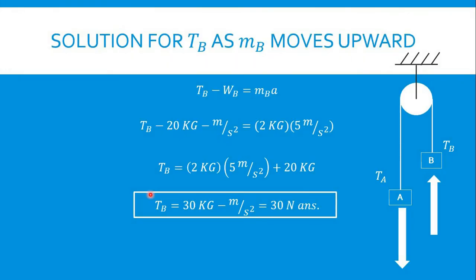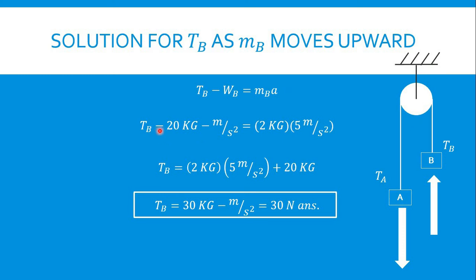Next, this is the solution for tension B as mass B moves upward. The formula that we can formulate from this diagram is tension B minus weight B is equal to mass B multiplied by acceleration.